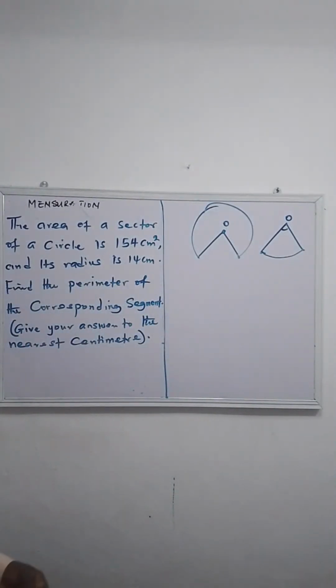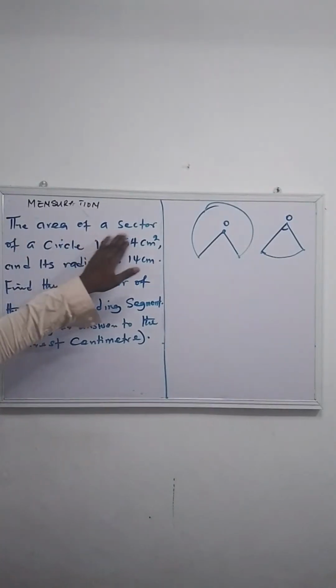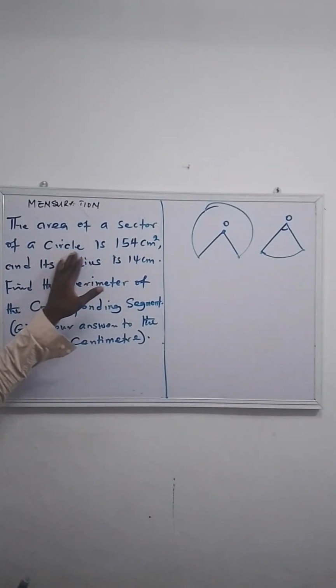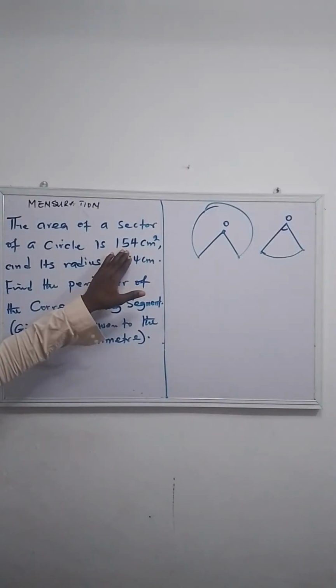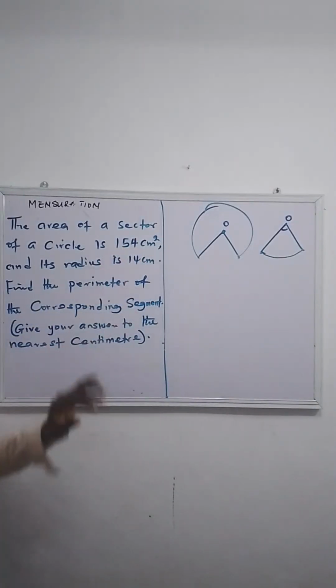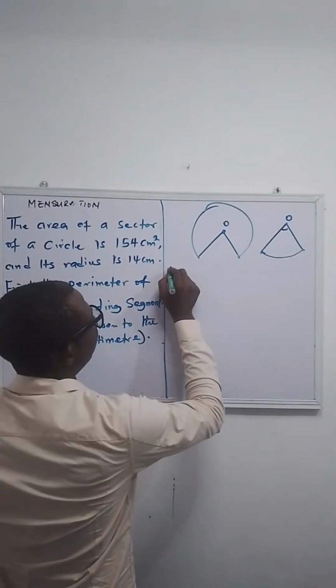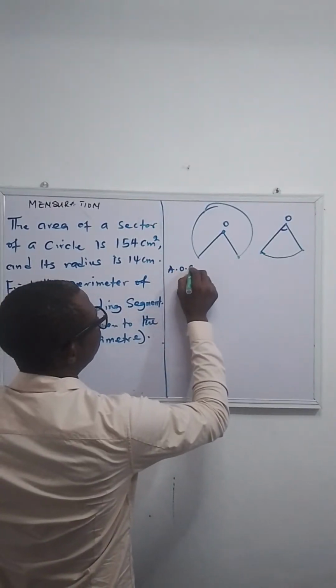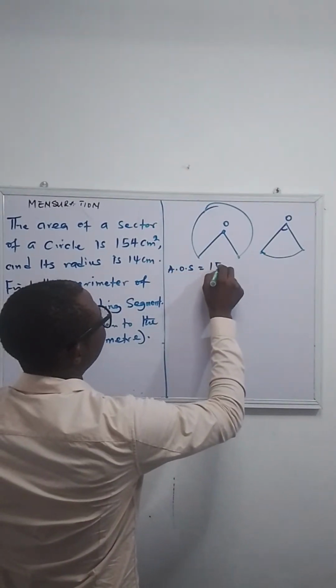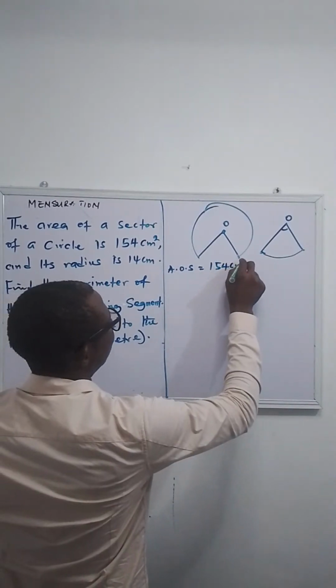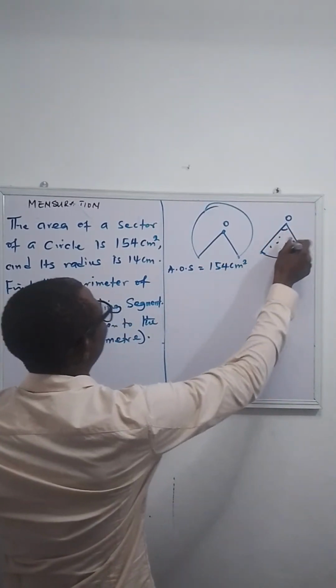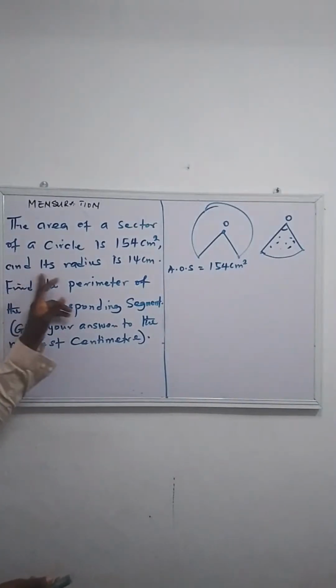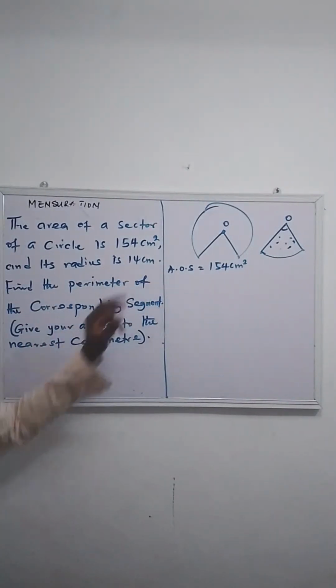All right, so now let's go through the question again. The area of a sector of a circle is 154 centimeters square. So area of sector equals 154 centimeters square. This area has been given. And its radius is 14 centimeters.